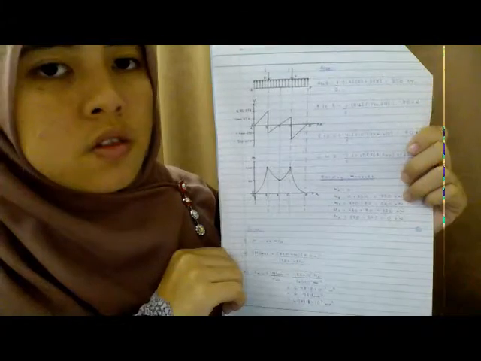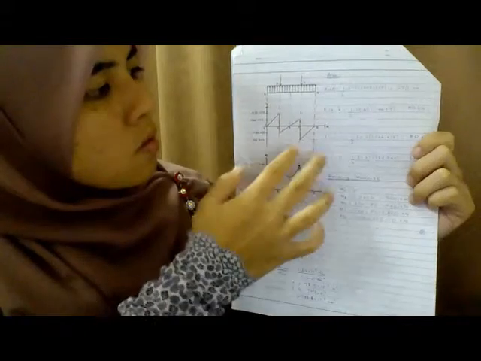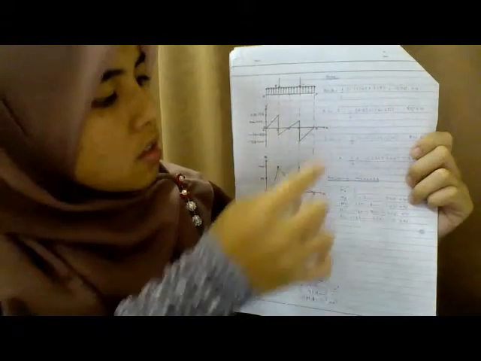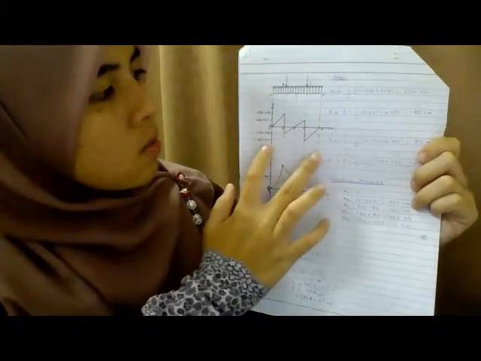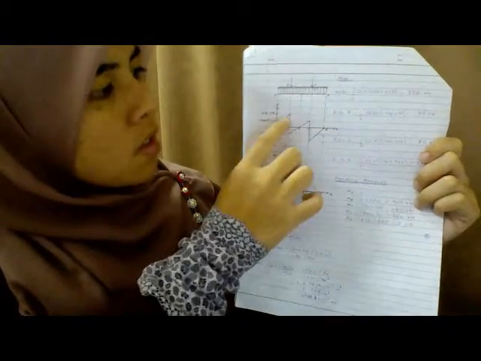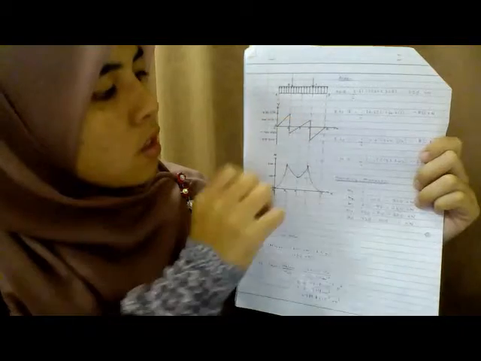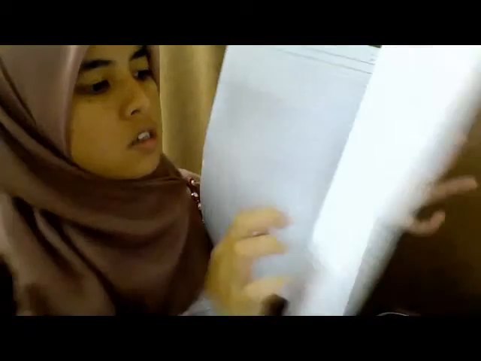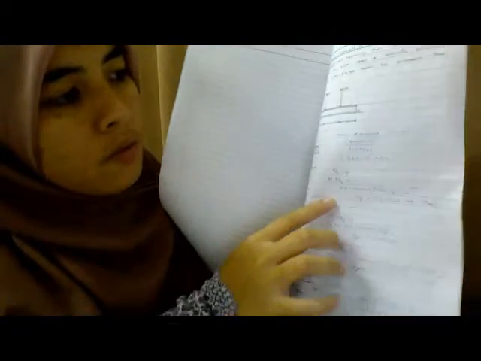So to draw the graph of V and S, M and S, for the graph of V and S we just plot the values that I have found here.